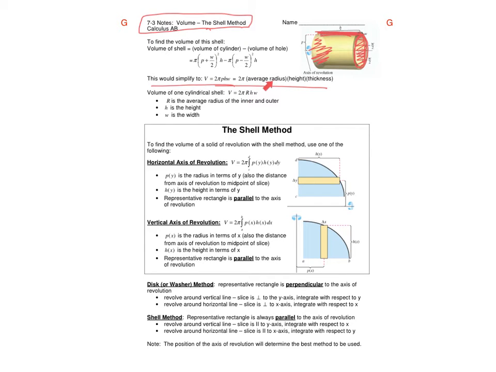Well, the average radius is going to change over time, and then we're going to use the integral to change all those radii and add them all up collectively. So the process we're really thinking of here, our volume is going to go from a to b of 2 pi r h.